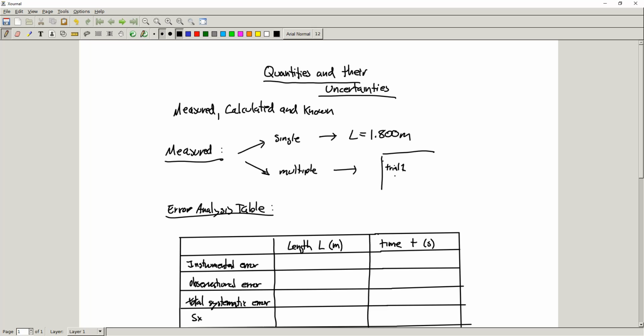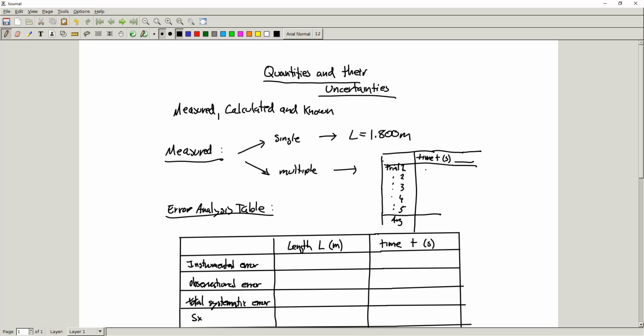Trial 1, trial 2, 3, 4, and so forth, right? We were supposed to do 5. And then we did the average or whatever. And so for these trials, you were getting some time t in seconds, right? And you'd have some error attached to it or whatever, right? So let's say you were doing this measurement.